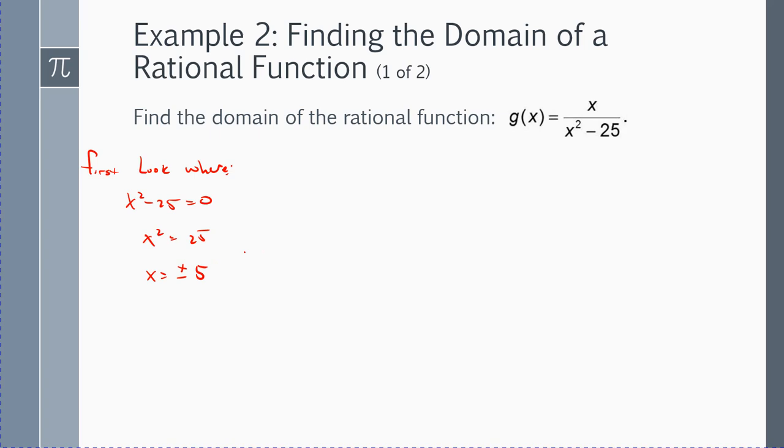So the domain is all real numbers but negative 5 and 5. All right, so let me show this as set builder.